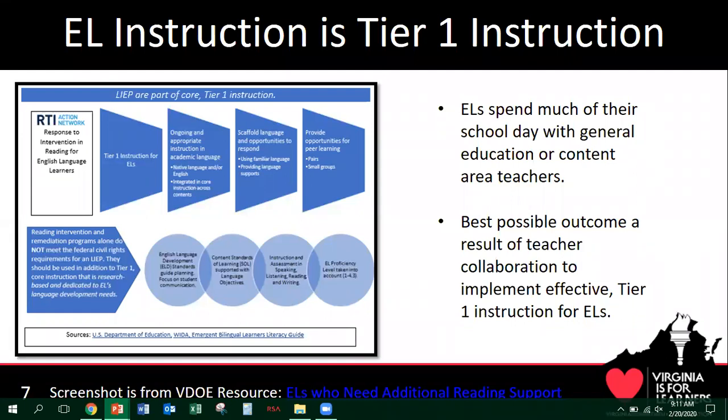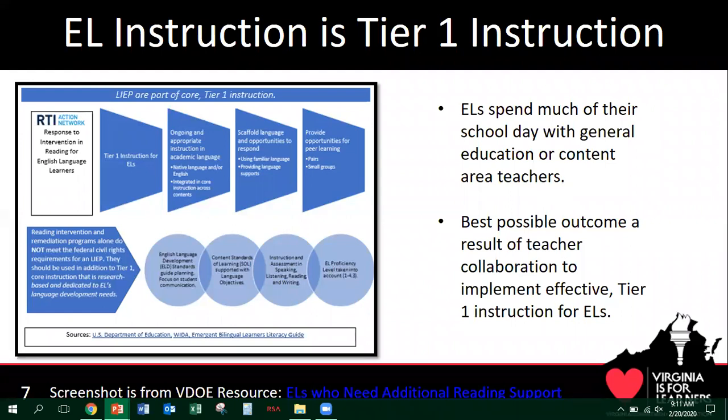How we do this, best practice shows us that collaborative efforts, if it's in a co-teaching situation, but also if it's not, how are the EL specialist and content teacher collaborating, sharing plans, sharing strategies, so that regardless of where the student is, even if they are in a session where it is just English learners with an EL specialist, that teacher is still reinforcing content that is happening in the other courses.